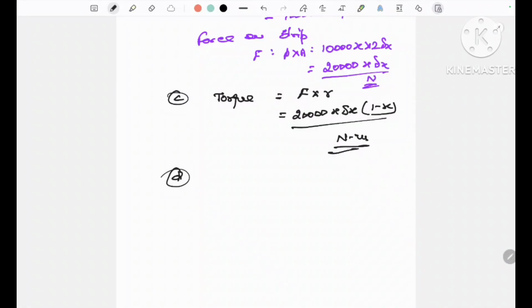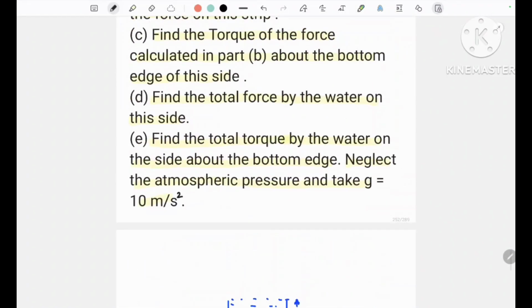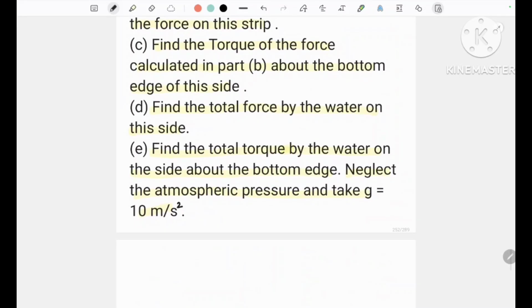D part. Find the total force of water on this side.